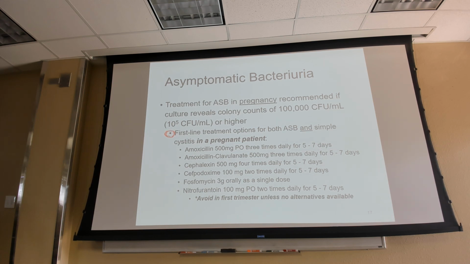So this is for a pregnant patient who either has asymptomatic bacteriuria or has a frank cystitis, simple cystitis, right? So whether the patient is completely asymptomatic and we just find bacteria in her urine, or she is pregnant and she has dysuria and a UTI, these are the same treatments, okay? Is that clear enough to everybody?